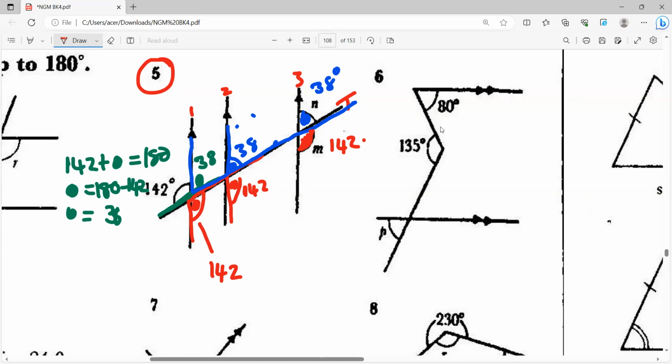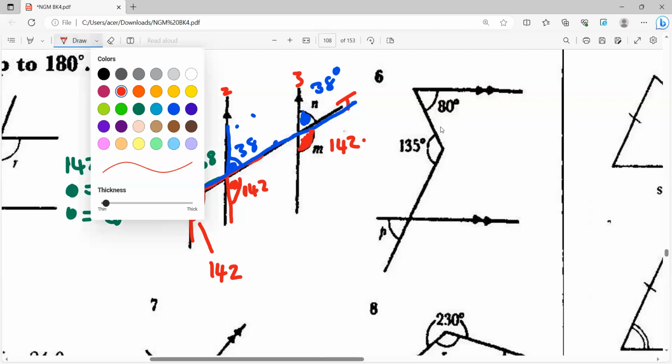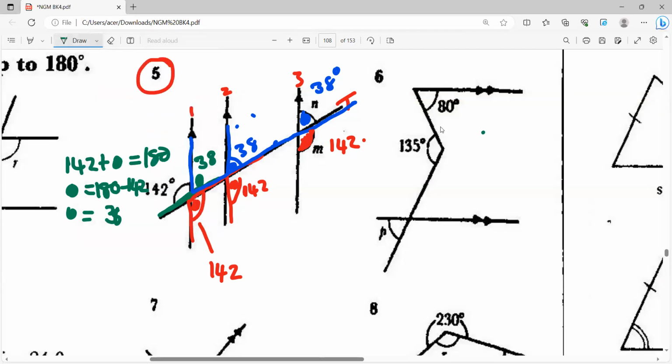All right, so when we look at number 6, bear in mind that in geometry, sometimes it's allowed for you to make certain constructions. Here, our parallel lines are disjoint. We don't even have a single transversal line, so we can't apply our rule here.